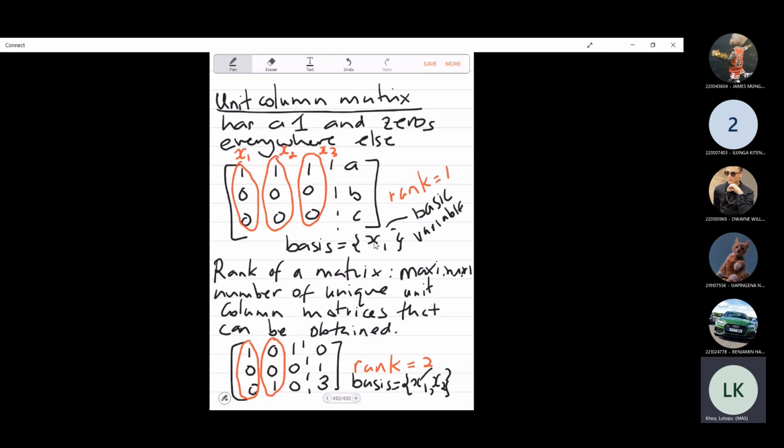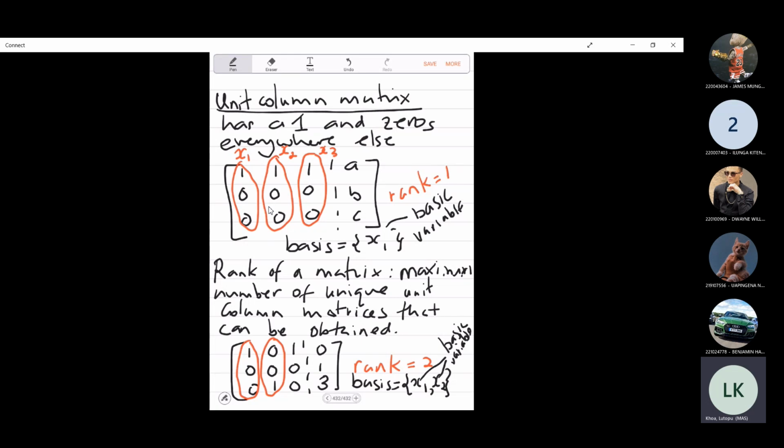So here x1 and x2 for this case, because those are the ones I've picked, will be my basic variables. And then the variable that I don't pick to be part of the basis, the one that is not part of the basis, that is what we call a non-basic variable.